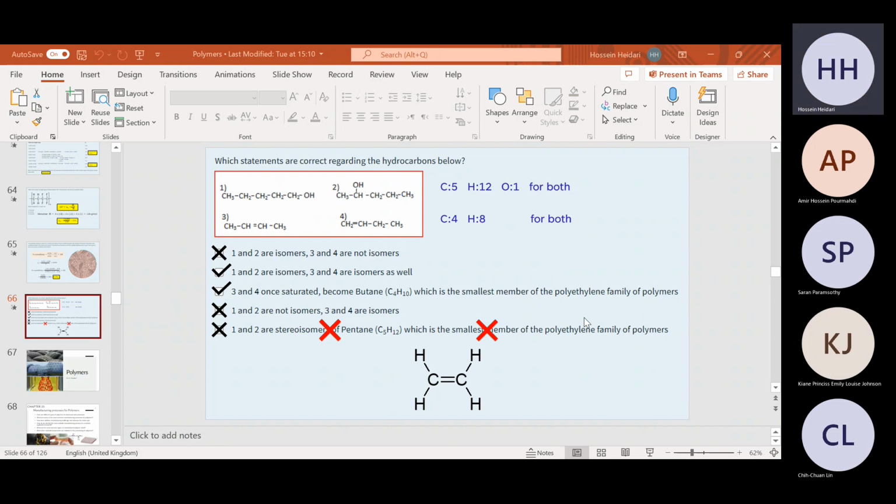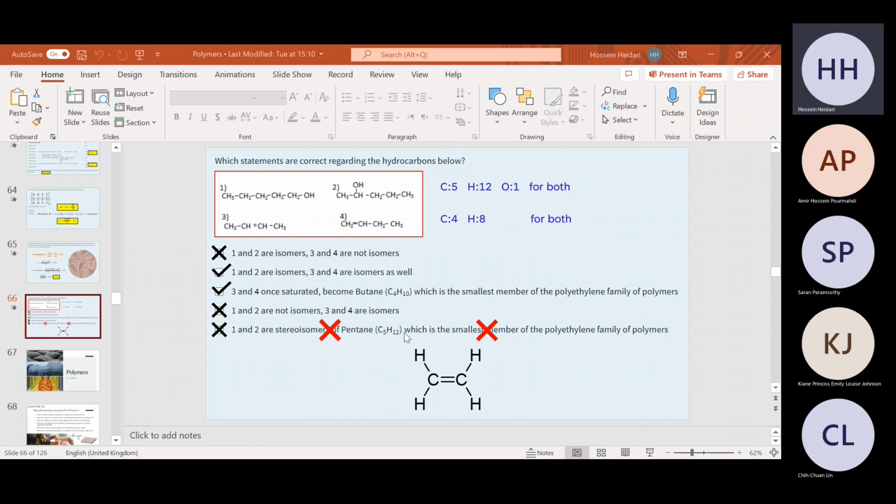There's another question. For the last question, is there not a member of the polyethylene family that is smaller than butane? In that case, I think you're talking about this question here. Butane is C4H10, and C2H6 is just ethylene.